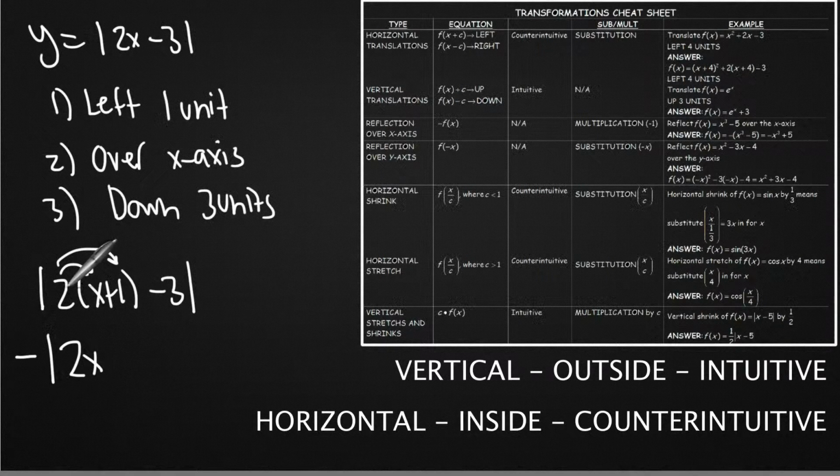And that's going to give me 2x plus 2 minus 3, which is 2x minus 1. All right, now I need to move it down 3 units. So all I do is tack on a minus 3 after the function. And I want you to graph it for yourself to prove that what we just wrote down is indeed left 1, flipped over the x, and then moved down 3 units.